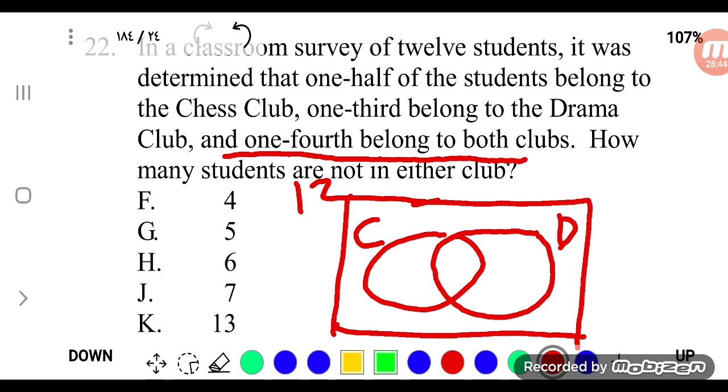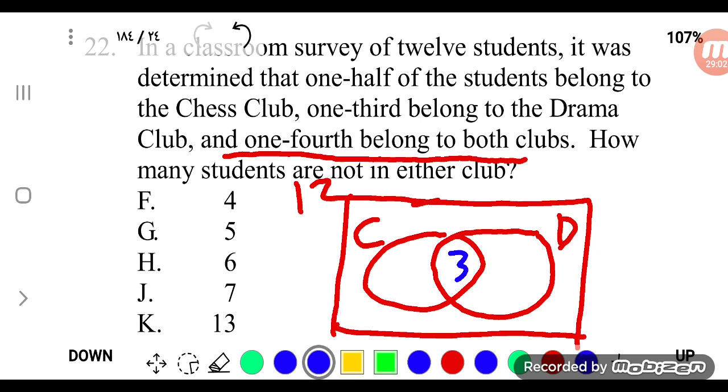Now since 1/4 belongs to both, this means here I have 3 in the middle, because this is the common area. 1/4 of 12 is 3.